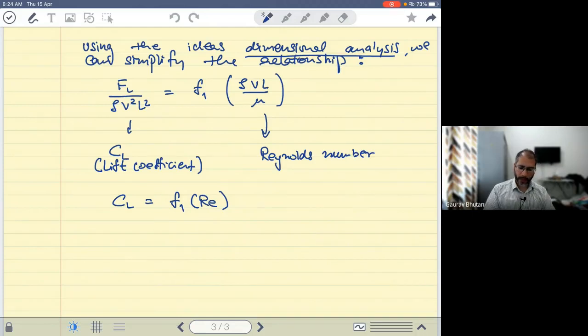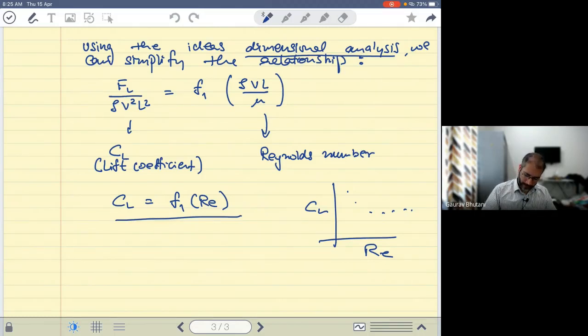Okay, so now what we know is that CL depends only on Reynolds number. So what I can do is I can only do 10 experiments now for 10 different values of Reynolds number, because ultimately I have to plot this curve only. So it's a simple 2D curve. For different values of RE on the x-axis, I'll get different values of CL on the y-axis. So all I need is RE versus CL. If I can get some sort of relationship between these points, then I have got everything I need.